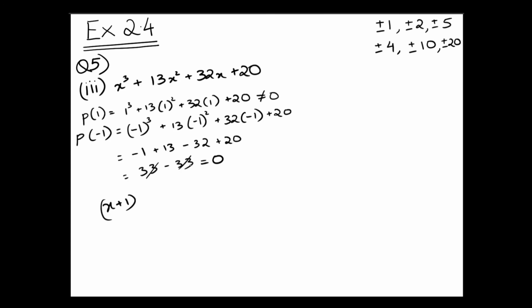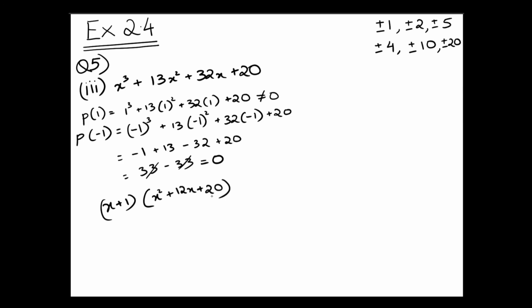I'm not going to show you the long division when I divide the polynomial given in the question by x plus 1, but the resultant output is x square plus 12x plus 20.